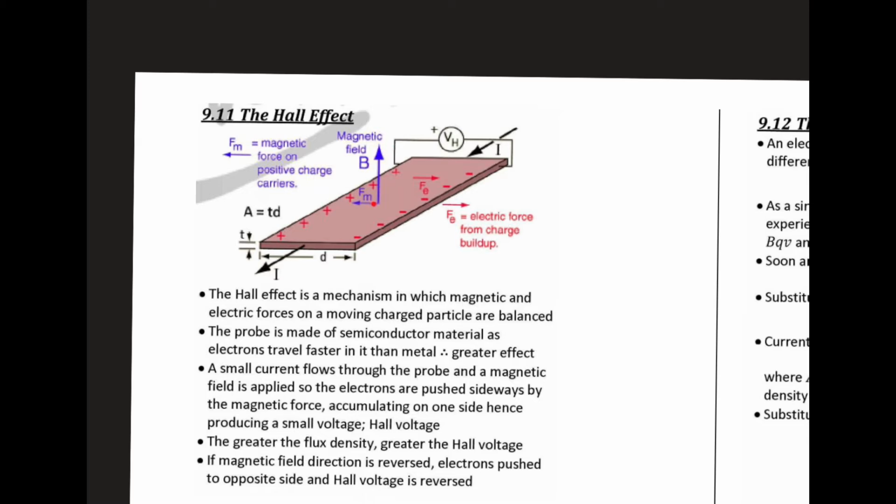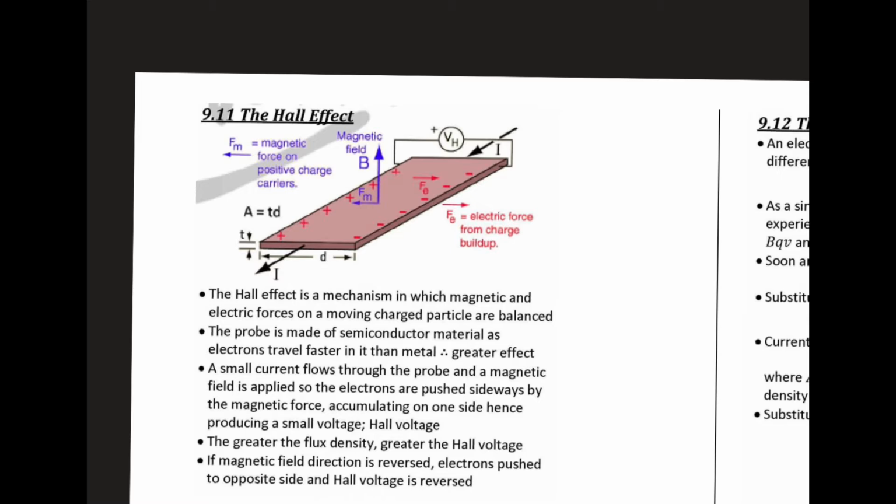That means the South Pole is on top. So you have I and you have B. Because of that, the interaction between the B and the I produces a magnetic force. You have to find the force by using Fleming's left hand rule.